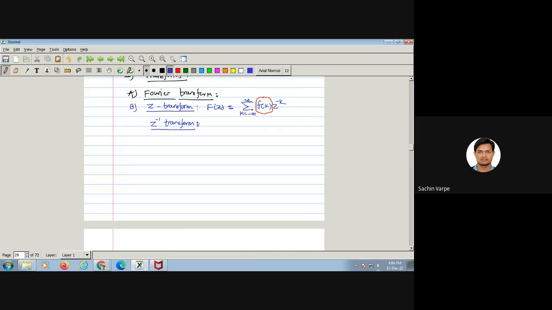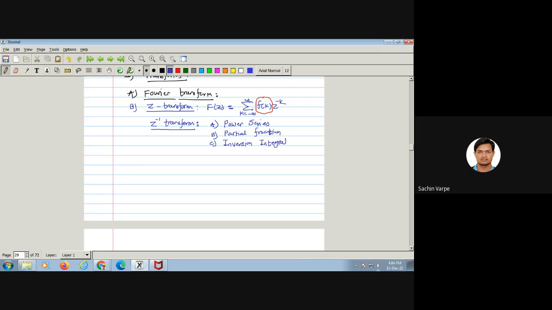And again the standard theorems and standard properties which are the inverse or the opposite of Z transform techniques we have seen. So mainly inverse Z transform we have discussed in three parts: using the power series method, then by partial fraction method, and the third one is inversion integral method.